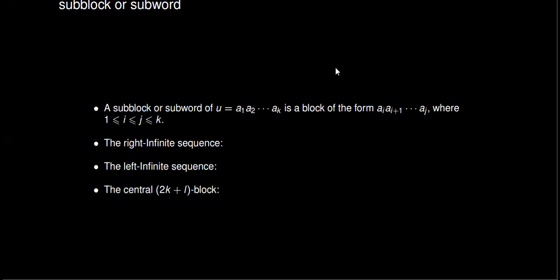For example, if you have one word like A, B, C, D, E, F, G, and so on, you need to cut some consecutive letters, and that would be one subword. But this, A, B, F, G for example, is not a subword. So we need to select consecutive letters. Also, we can have a right infinite sequence.